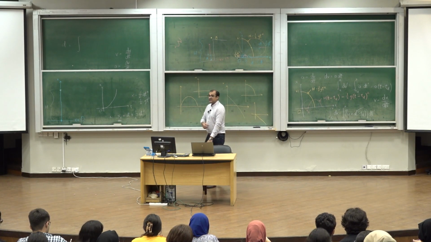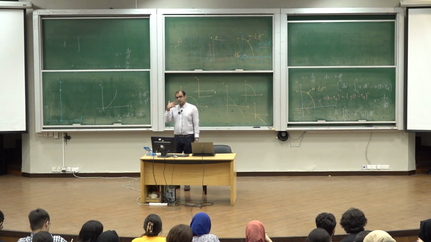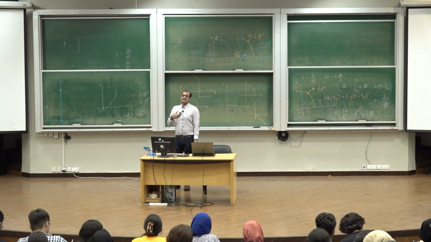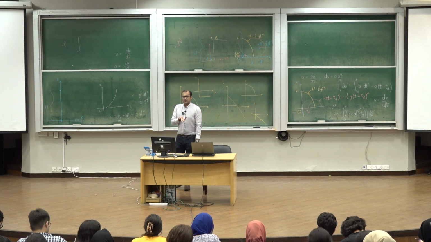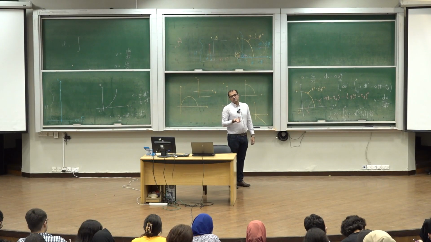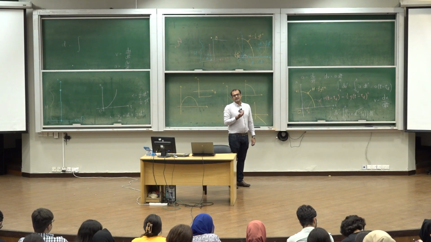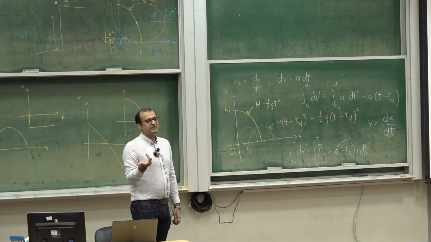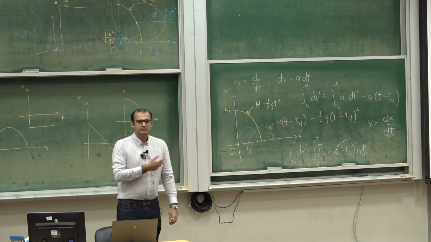Okay? Now the derivations are important because if you understand the derivations, you understand the assumptions that go into each and every one of those equations. Only by understanding those assumptions can you then not make the mistake that you apply an equation to a situation where it doesn't apply.